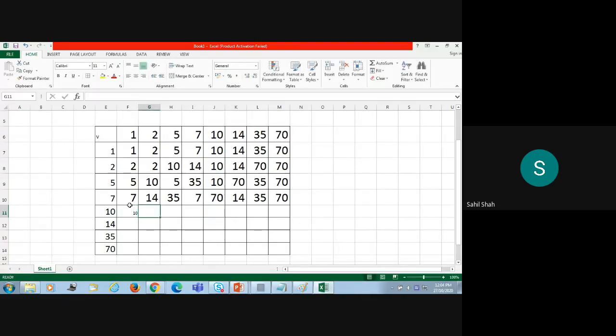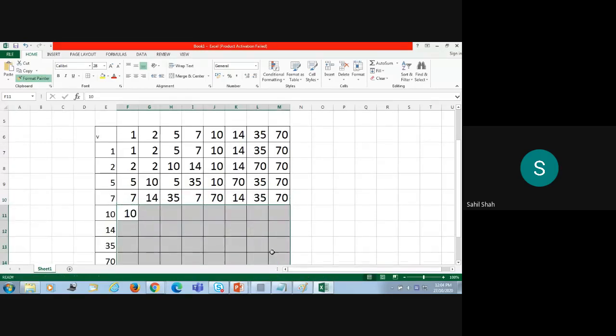Then 10, 1, 10. 10, 2, 10. 10, 5, 10. 10, 7, 70. 10, 10, 10. 10, 14, 70. 10, 35, 70. 10, 70, 70. Correct me if I'm going wrong.